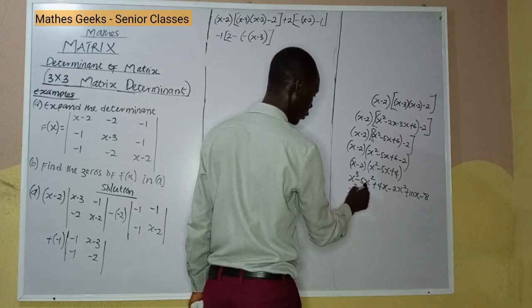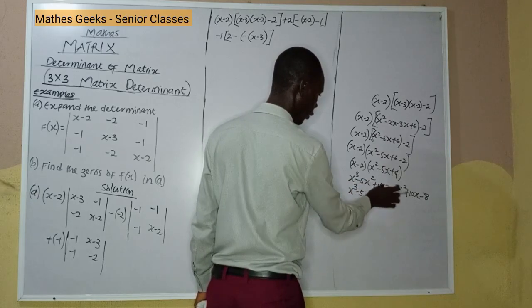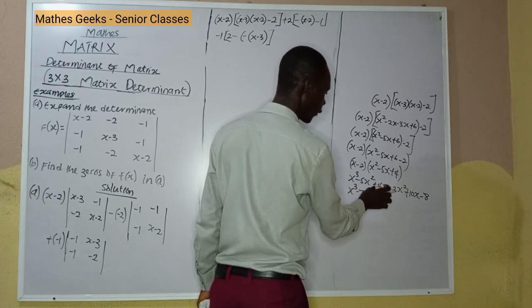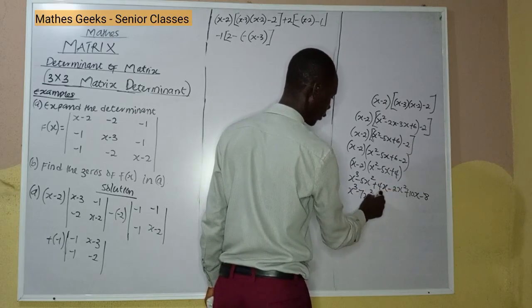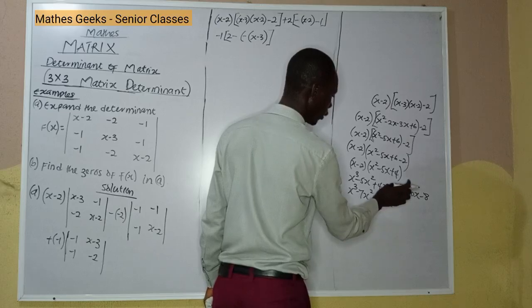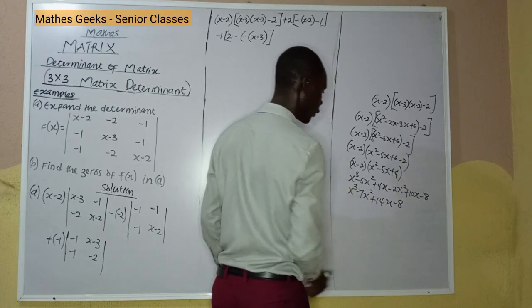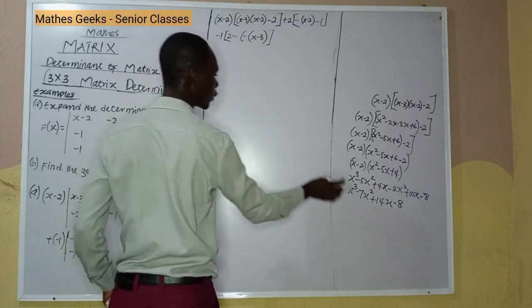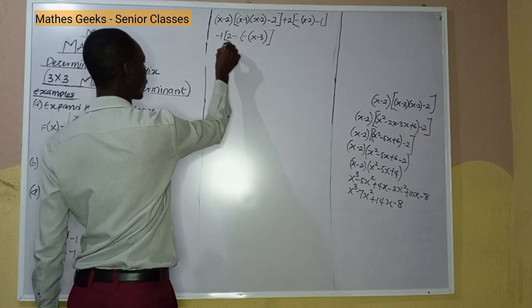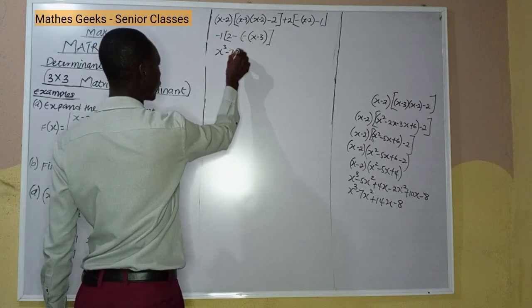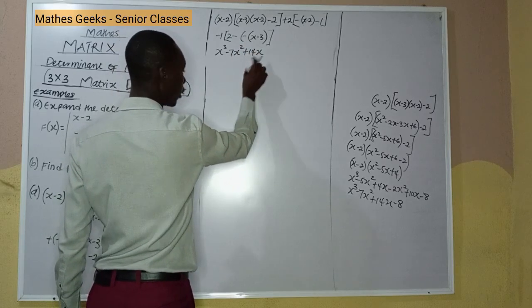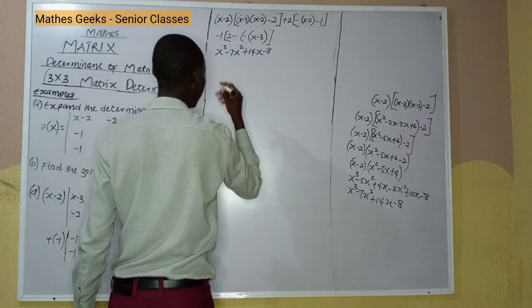So x to the power 3 minus 5x squared minus 2x squared gives minus 7x squared, plus 4x plus 10x gives plus 14x, and minus 8. So all of this will give us x raised to the power 3 minus 7x squared plus 14x minus 8.